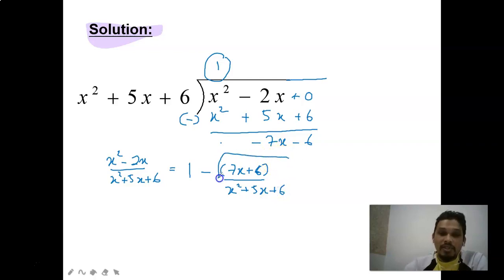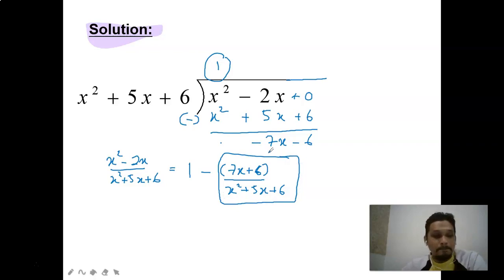This is the fraction that we are going to come up with the partial fraction.